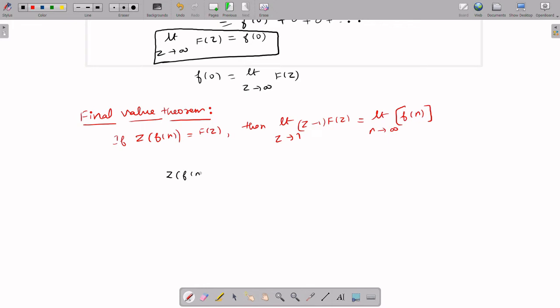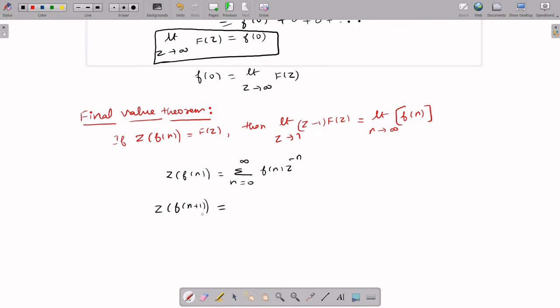What is the Z transform of f of n? Summation n is equal to 0 to infinity f of n z power minus n, isn't it? But here to prove this result, we take the Z transform of f of n plus 1. You have to remember this, okay? f of n plus 1, because z minus 1 we have to prove, no? So we have to take f of n plus 1.